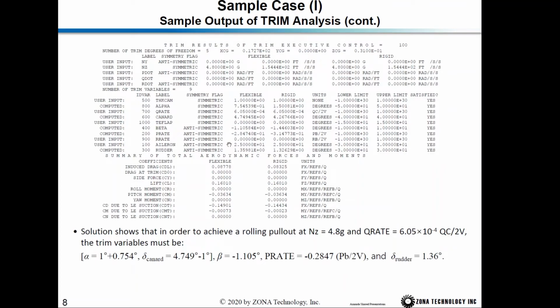The trim module will integrate all the aerodynamic forces to get the force and moment coefficients, and it will print out for flexible, for rigid, and so the induced drag is that much, and the lift is 0.16, and so for both rigid and flexible, because we need that much lift to give us a 4.8 G pull up, and then this is the pitch moment.